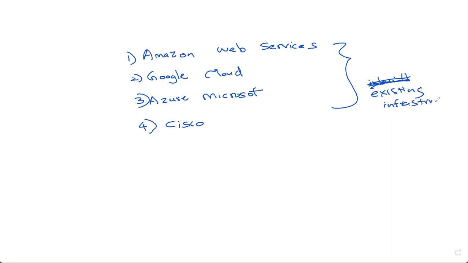These are really user-friendly infrastructures, and they give you different options and a good user interface that makes the application easy to use. Amazon, Google Cloud, Azure, and Cisco are popular platforms.